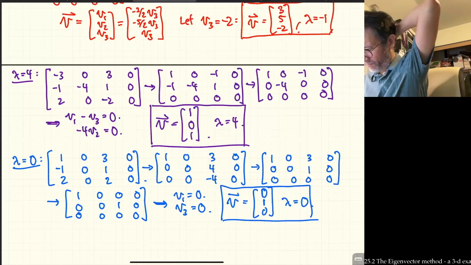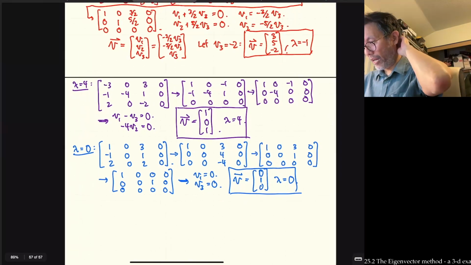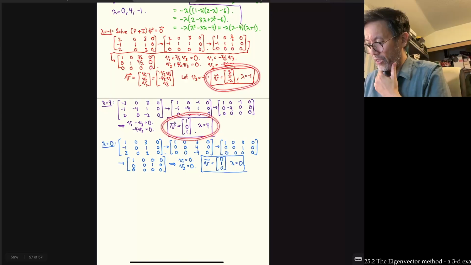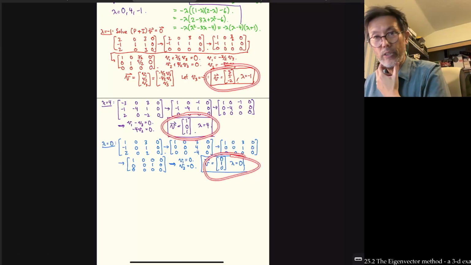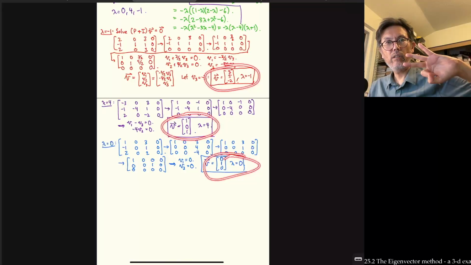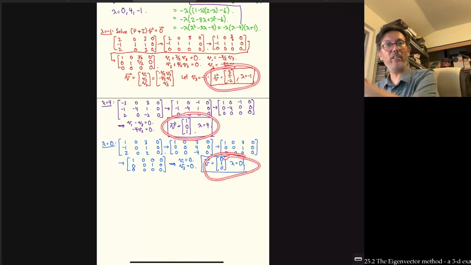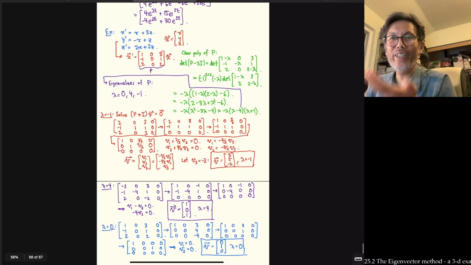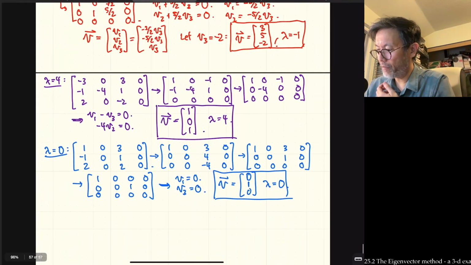Okay. Great. So now I've got my 3 eigenvectors. You see them? Here's one, there's another, and there's the third. Now I'm going to take those 3 eigenvectors and make solutions out of them. These solutions I'm going to call x1, x2, and x3.